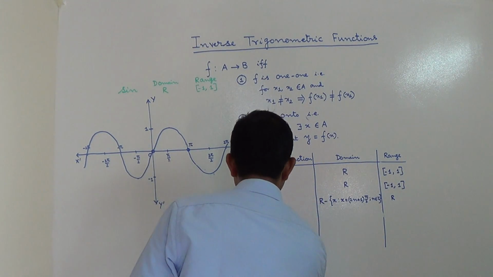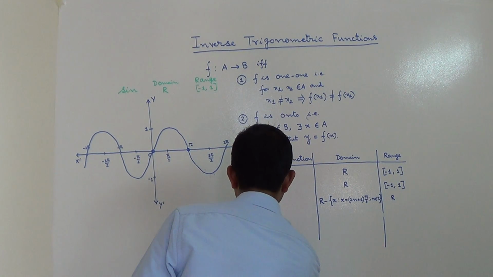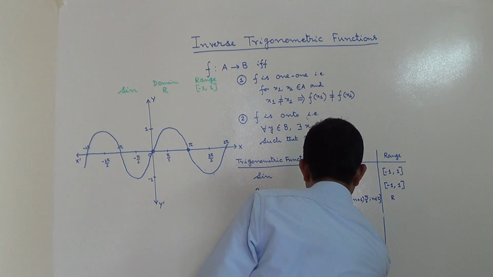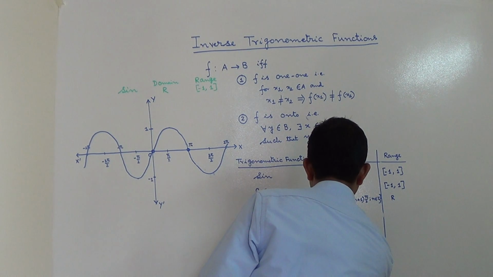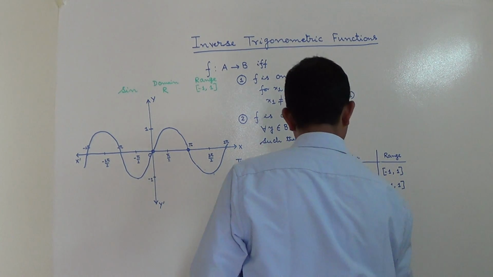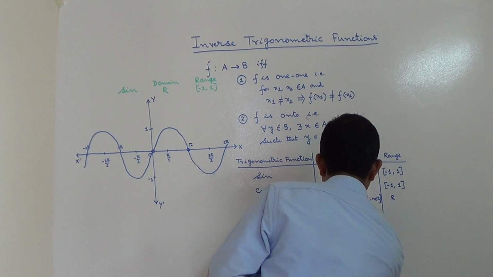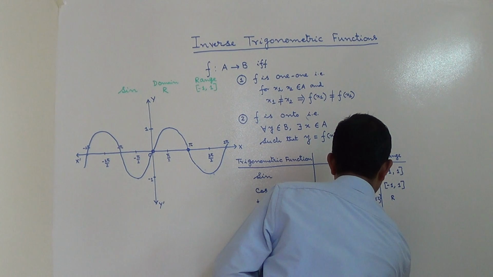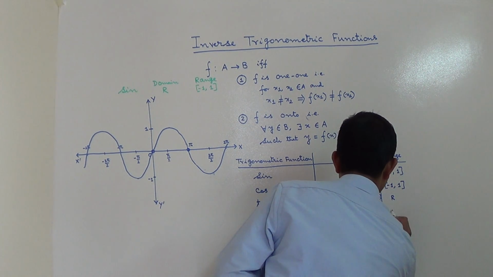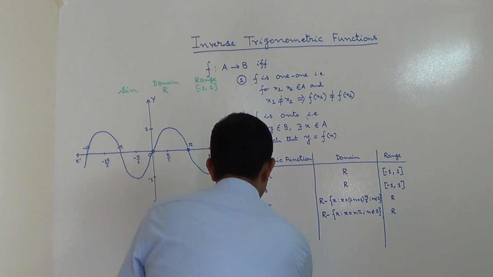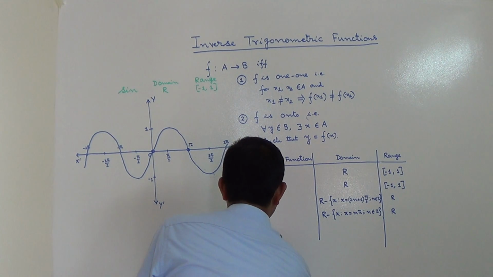What is the domain of the function cot? Domain of the function cot is R minus the set x equal to n into pi, where n belongs to Z, and its range is the same as tan, which is R. Then comes sec.